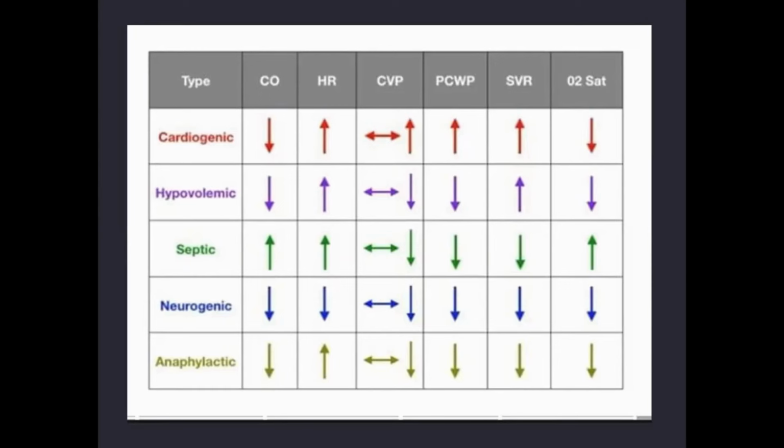And whenever there is decreased blood pressure, the fight-or-flight response gets activated, which results in the release of catecholamines. These catecholamines are a sympathetic response, which results in widespread vasoconstriction, leading to an increase in systemic vascular resistance, and oxygen saturation is down.